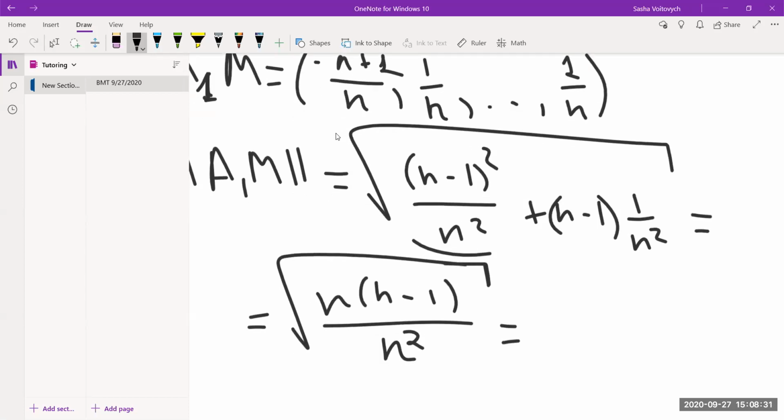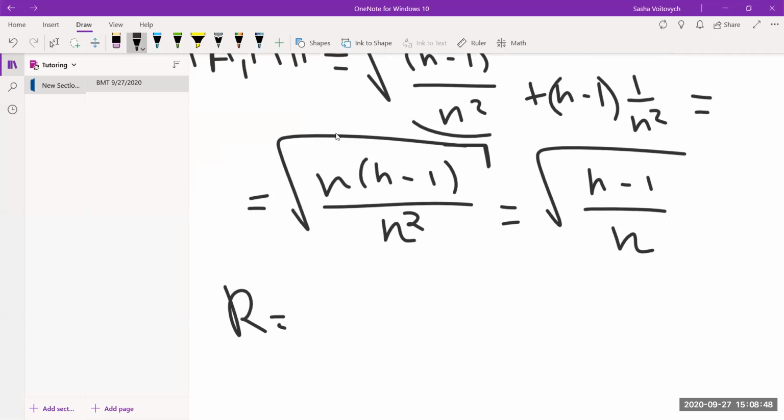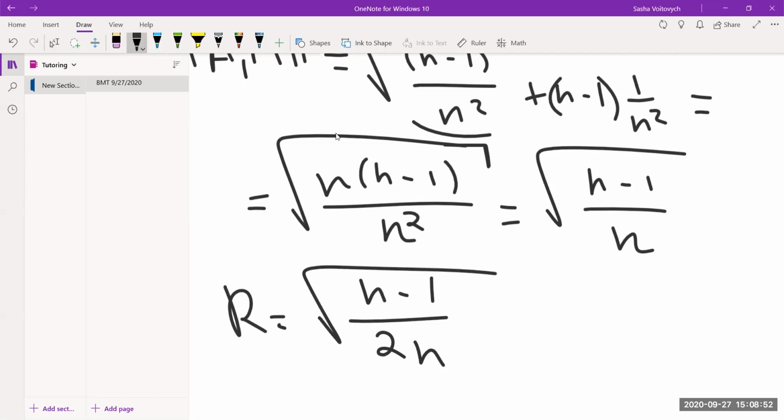Okay, and then the value of it is just this. And remember, we have to scale down by root 2 because we considered an n-unit simplex scaled up by root 2 in the beginning. So our radius that we're looking for is just the square root of n minus 1 divided by 2n.